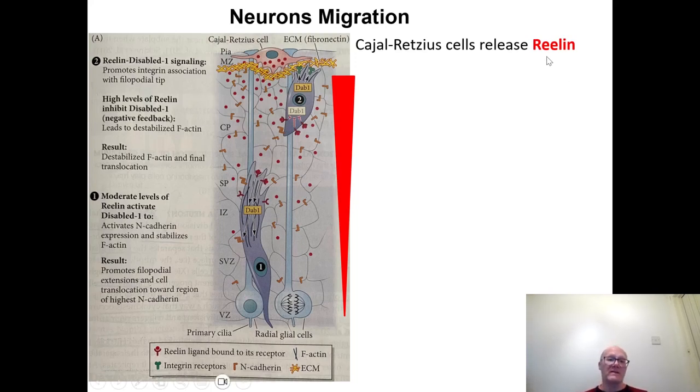Reelin is produced by specialized cells called the Cajal-Retzius cells that are situated in the external part of the developing brain layers. Because they are produced there, they diffuse and form an external to internal gradient of expression and concentration. This reelin binds a receptor on the neurons.